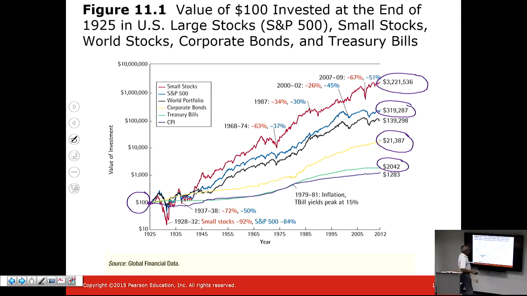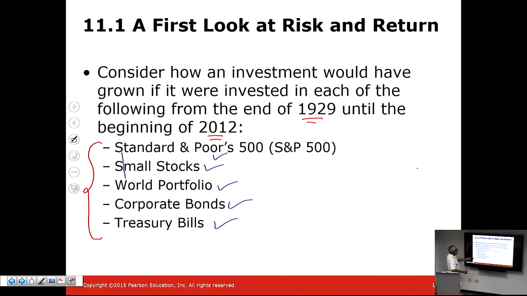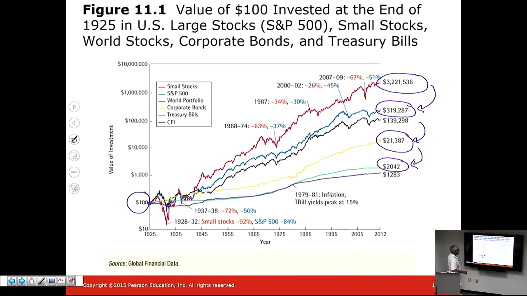So there is an obvious difference in these numbers. And from this, we can also compute returns if you wanted to. You can take that ending value minus the initial value, divide that by the initial value. That will give you the return on that $100 over approximately 83 years.